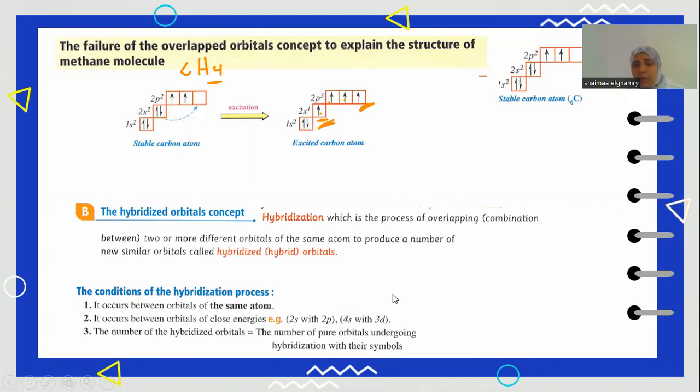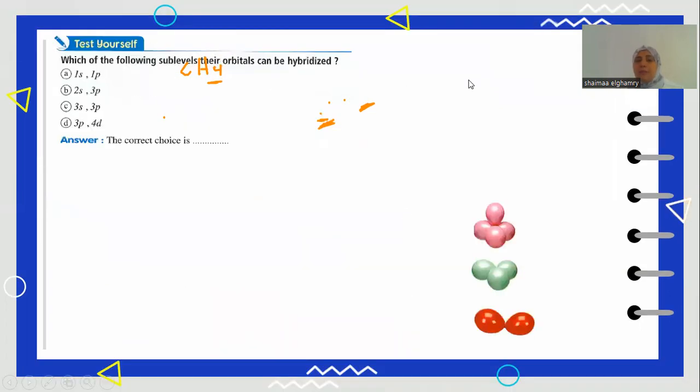The number of hybrid orbitals equals the number of pure orbitals undergoing hybridization. So at the end of hybridization, we will have 4 orbitals, 1 orbital from s and 3 orbitals from p. So we will get 4 hybrid orbitals.